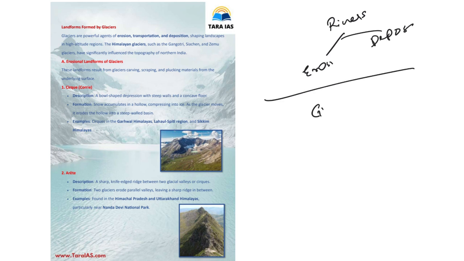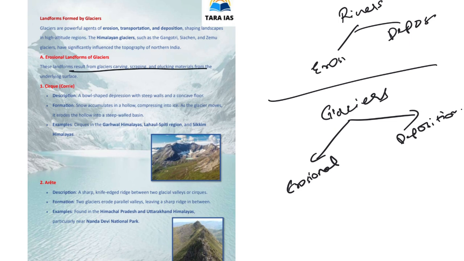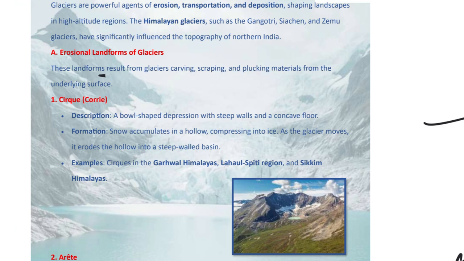In the same way, coming to the glaciers, the same thing will be happening. So it forms erosional type of landforms and it forms depositional type of landforms. Okay, so first let's discuss erosional landforms. What are the causes? Again we have discussed the 3 methods there, scratching, plucking and abrasion. Okay, because of this, erosional landforms are forming.